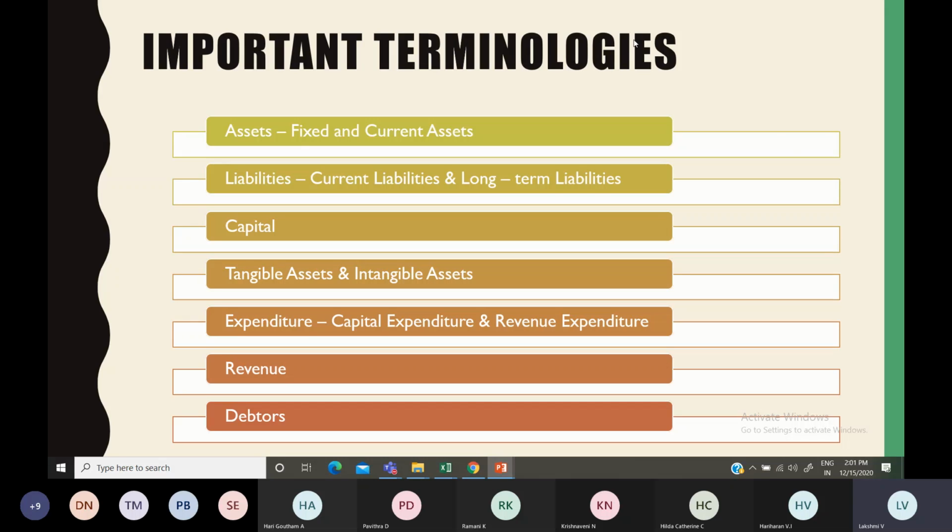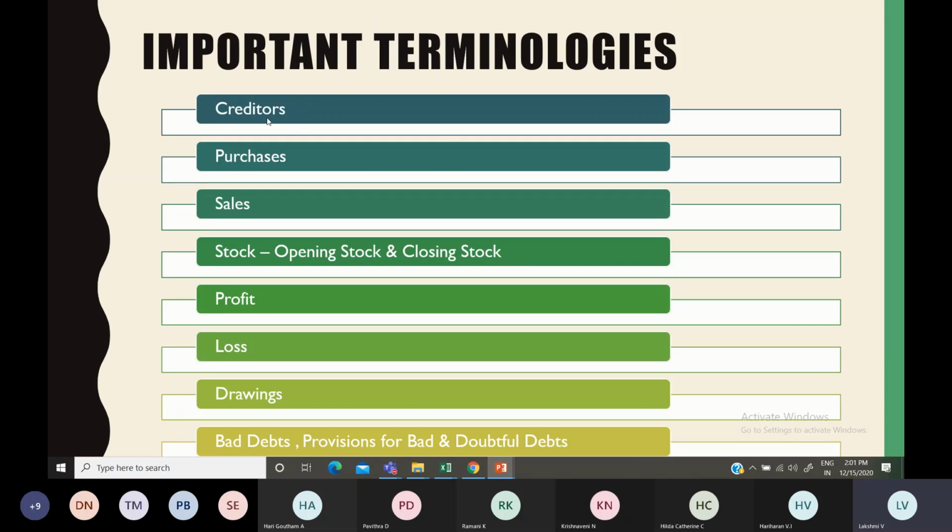Okay, and moving on to the next one, creditors. Quite often people get confused with these two terms. So who is a debtor, who is a creditor? That doubt most of the students will have in their mind. So if I am a creditor, you just relate it to the supplier.